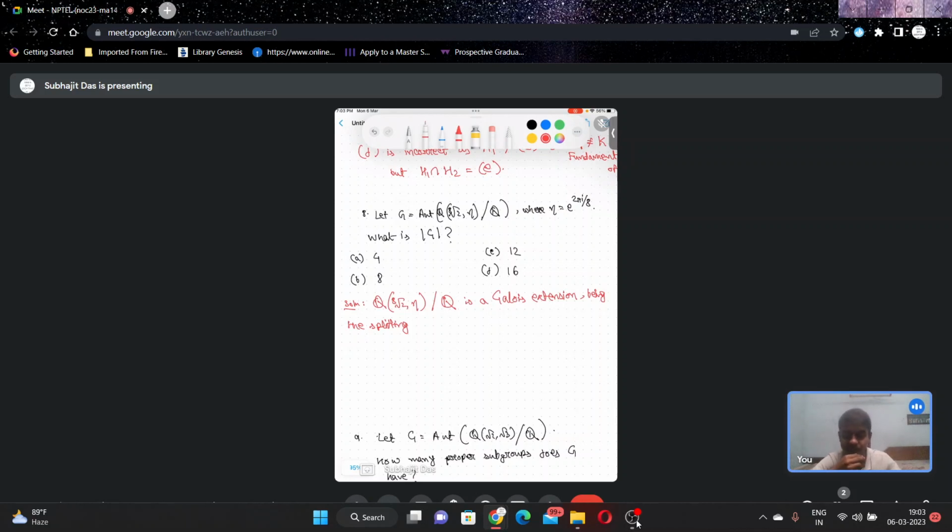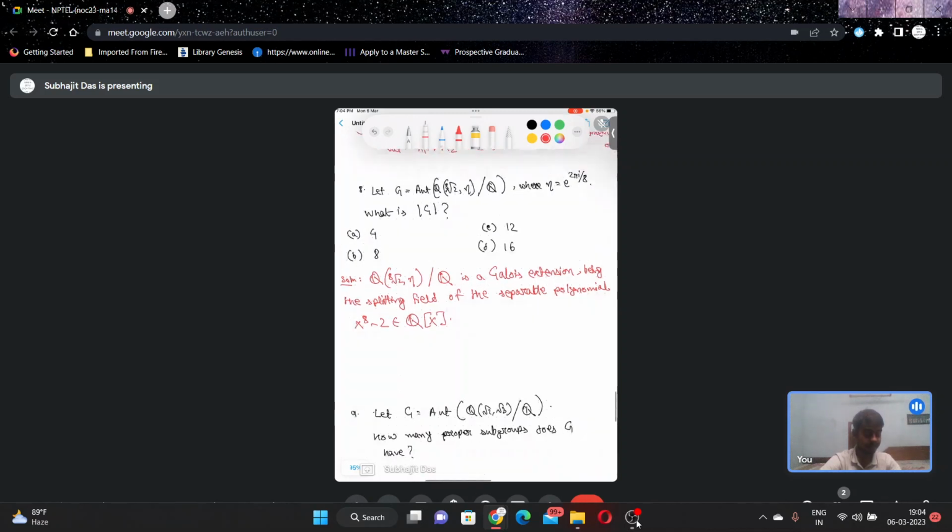The most useful tool being the fact that the extension should be the splitting field of some separable polynomial over the base field. So as this extension is the splitting field of the separable polynomial x to the power 8 minus 2 in Q[x], this is a Galois extension.